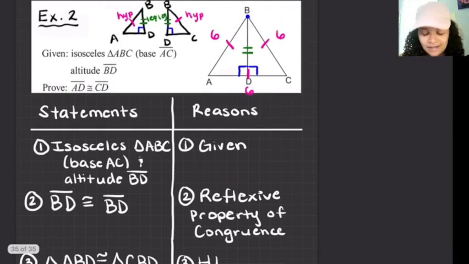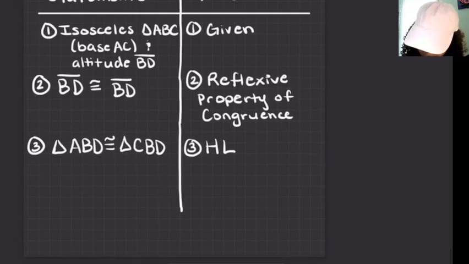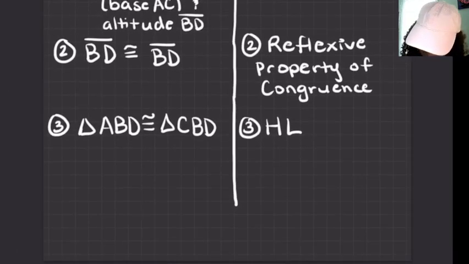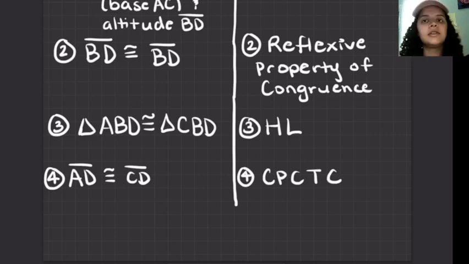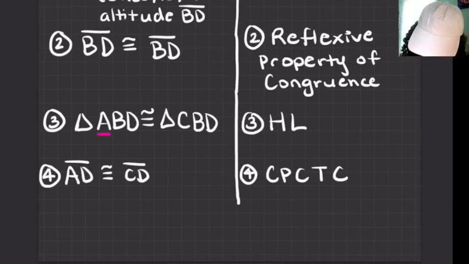And now we're almost at the last step. Remember, we're trying to prove that AD and CD are congruent. So now if I take a look down here at my previous statement, just by looking at that statement, I can right away say that AD and CD are congruent because of CPCTC. So corresponding parts of congruent triangles are congruent, and just follow the order of the letters.